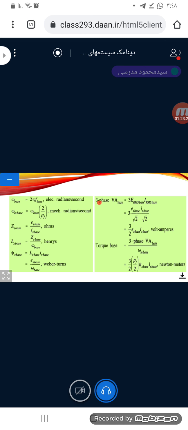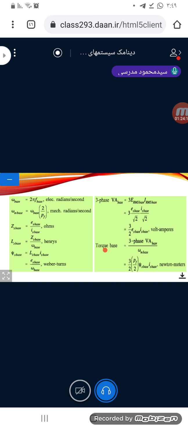And three-phase volt ampere base is equal to 3 E RMS base multiplied by I RMS base, which is equal to 3 multiplied by E_S base multiplied by I_S base divided by 2, that is radical 2 multiplied by radical 2, which is equal to 3 over 2 multiplied by E_S base I_S base, volt amperes.